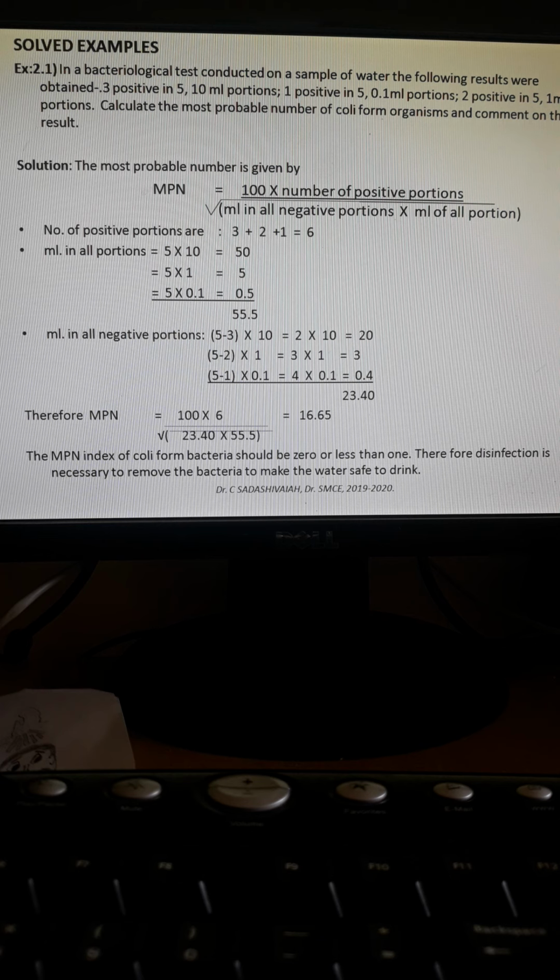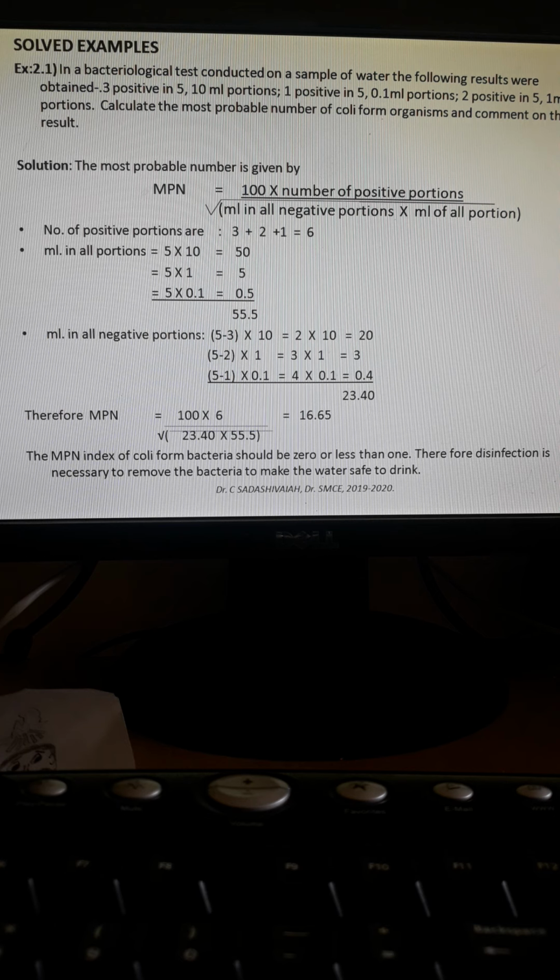If you add all these, the total quantity of the sample will be 55.5 ml.